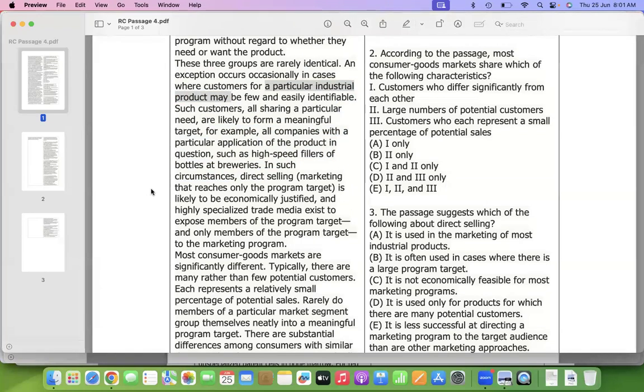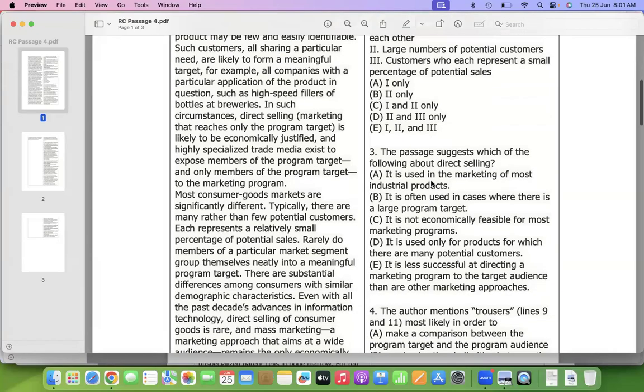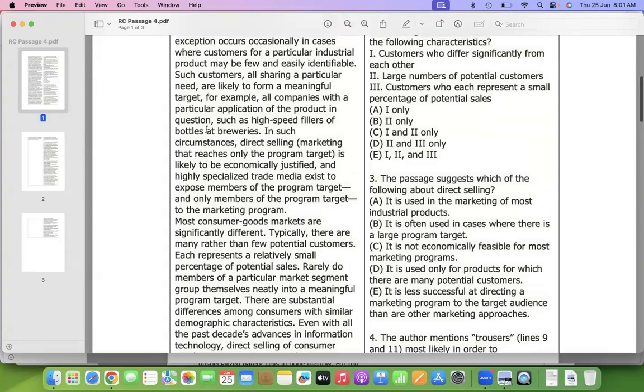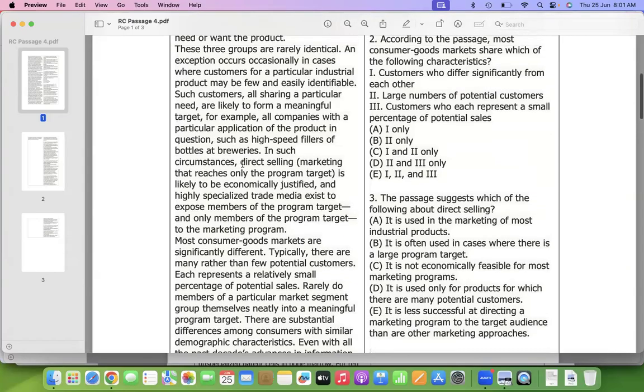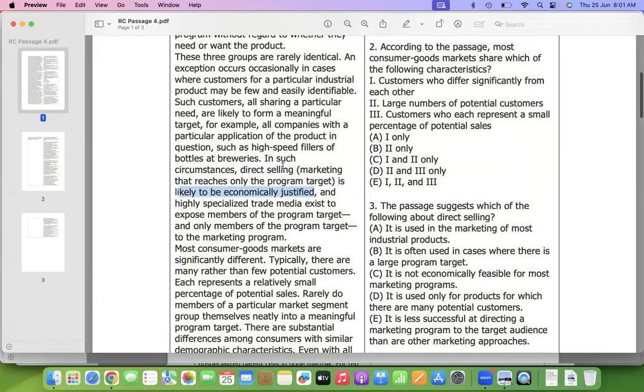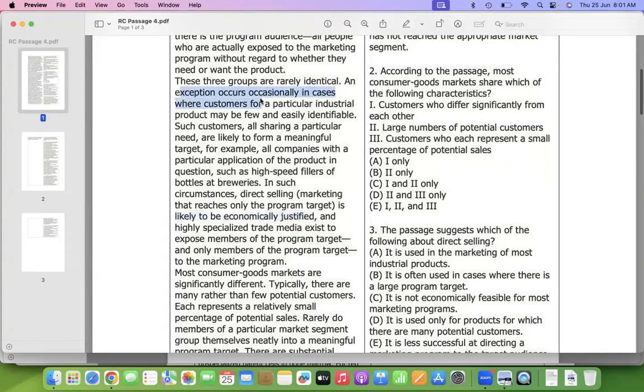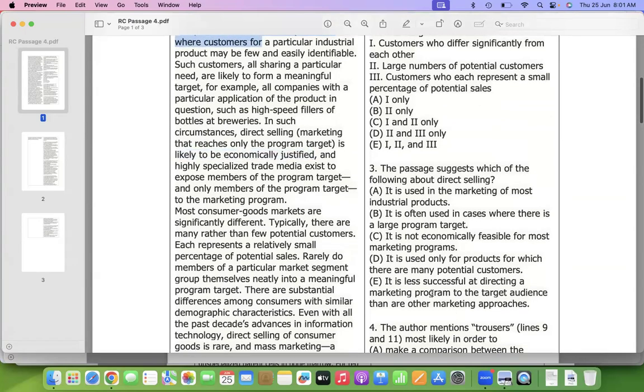Ma'am, here, how are we eliminating the option E? How do you know whether it is successful or not than other marketing approaches? It is used in this scenario. Direct selling is used here and it is likely to be economically justified in this situation. But how do you know it is less successful than others? In general, how do you know?